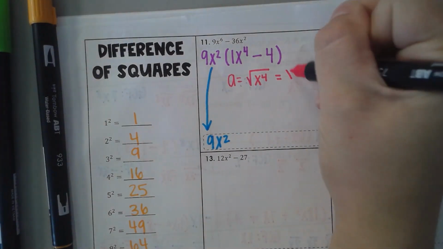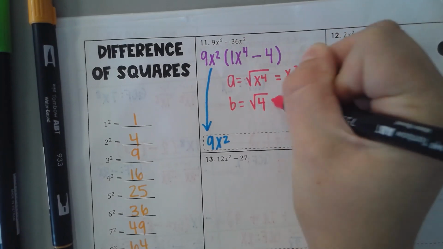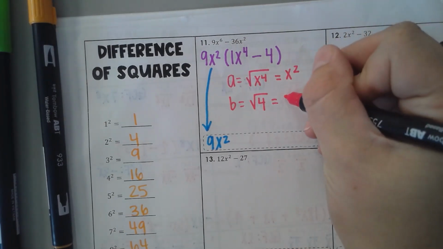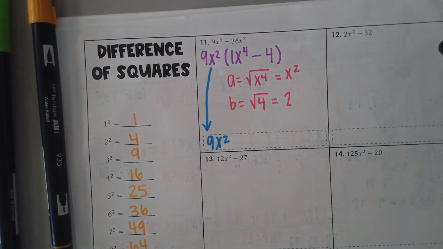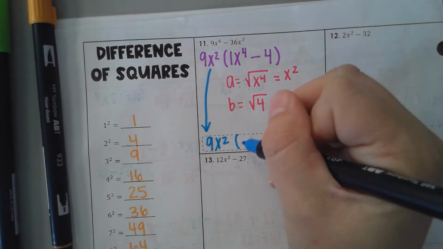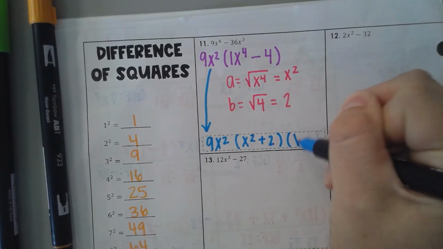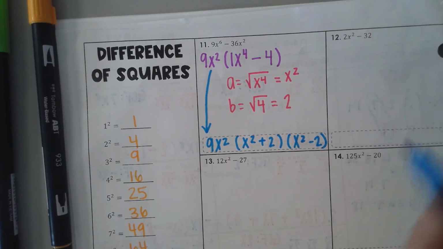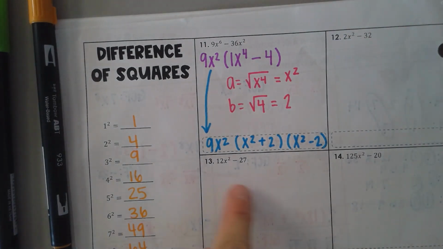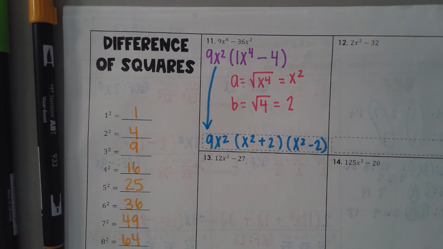X to the 2nd. And then my b is the square root of 4, which is 2. So in parentheses, I'm going to have x squared plus 2, x squared minus 2. And then you cannot forget your GCF. Anytime you have a greatest common factor, something that divides out, that has to be included in your answer.